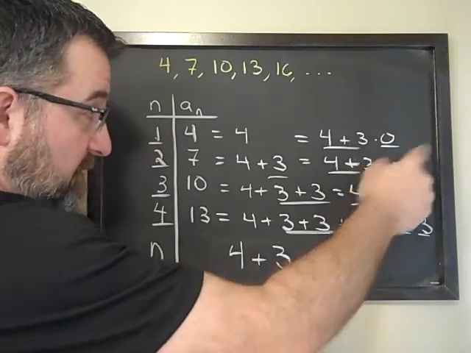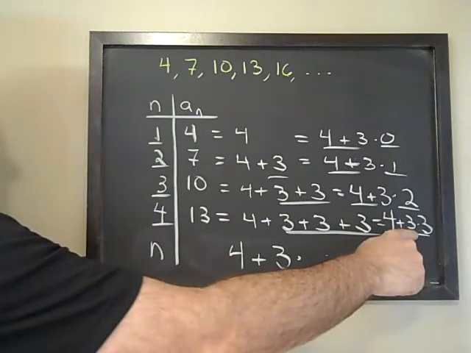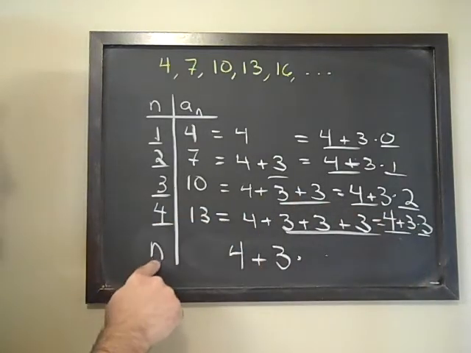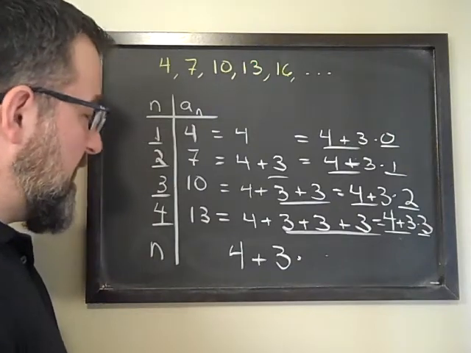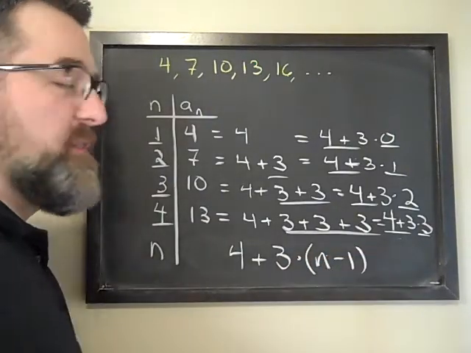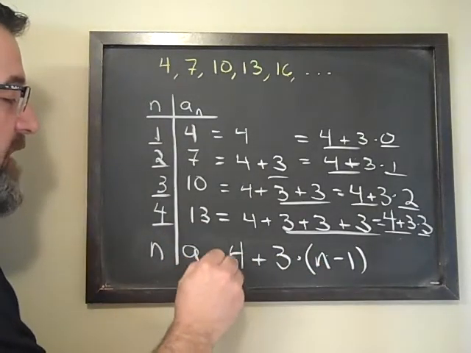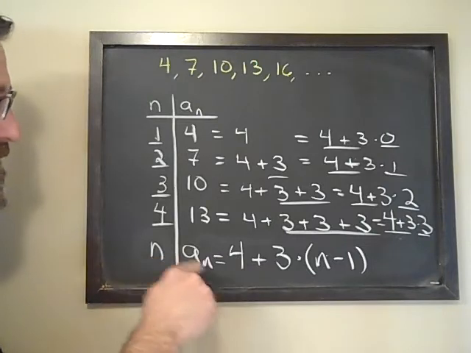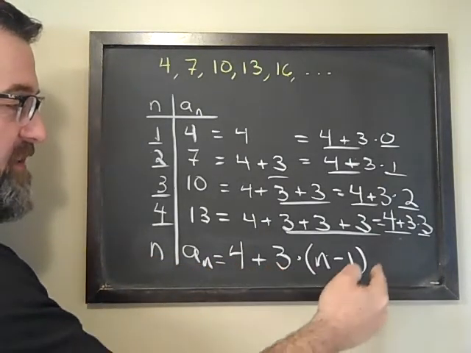They all have plus 3 times, plus 3 times, plus 3 times. And we know it's 1 less than the term. So you have to think, what's 1 less than n? You're right, 1 less than n is n minus 1. So what this is saying now is the nth term of the sequence, a sub n, is going to be 4 plus 3 times n minus 1.